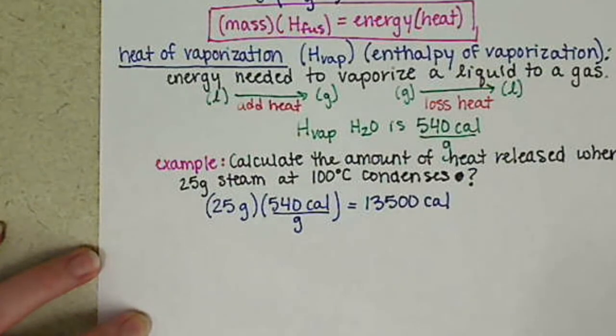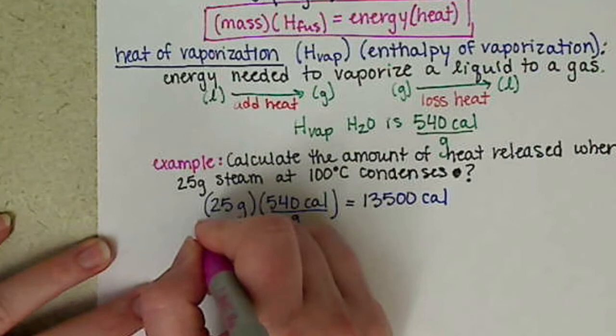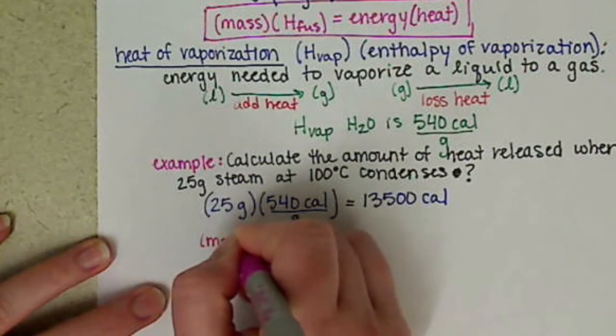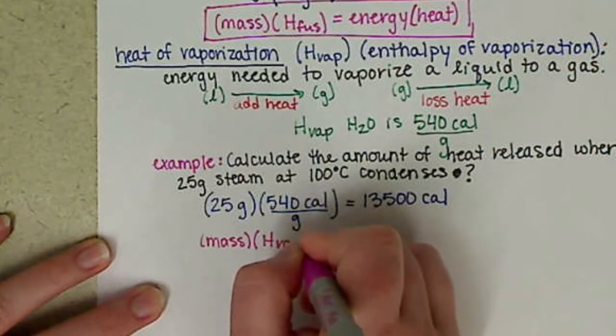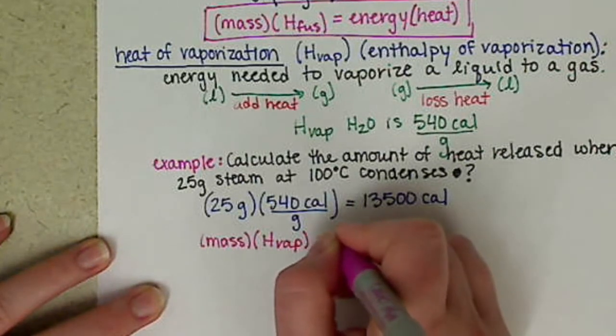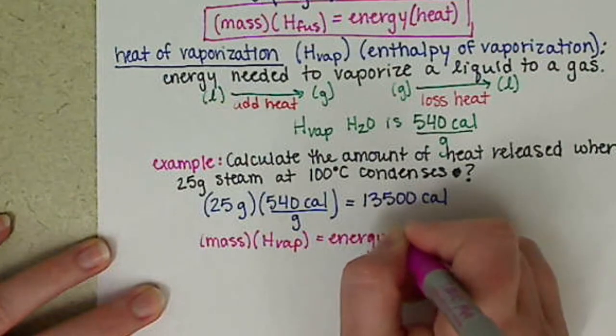If you like your equations, basically we took our mass times our heat of vaporization, and that is equal to our energy, or heat.